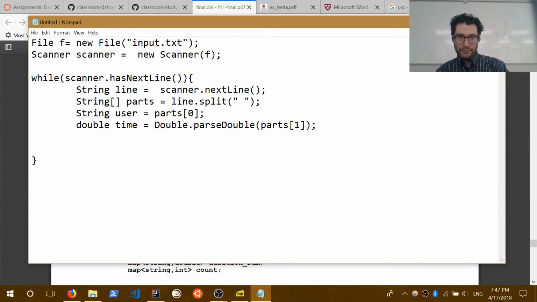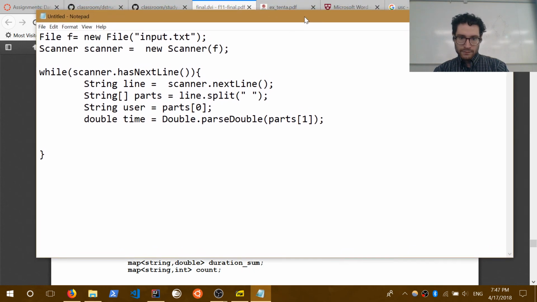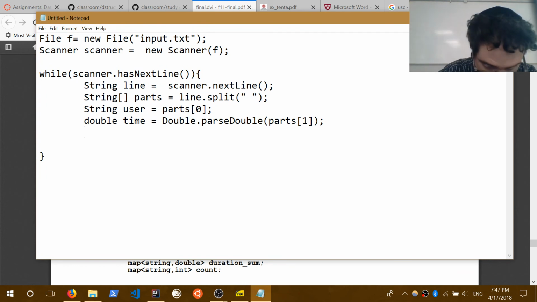Okay? Now, what do we have to do? Let's see. So we've got the user input, we've got the user, and we've got the amount of time they logged in for that particular session.